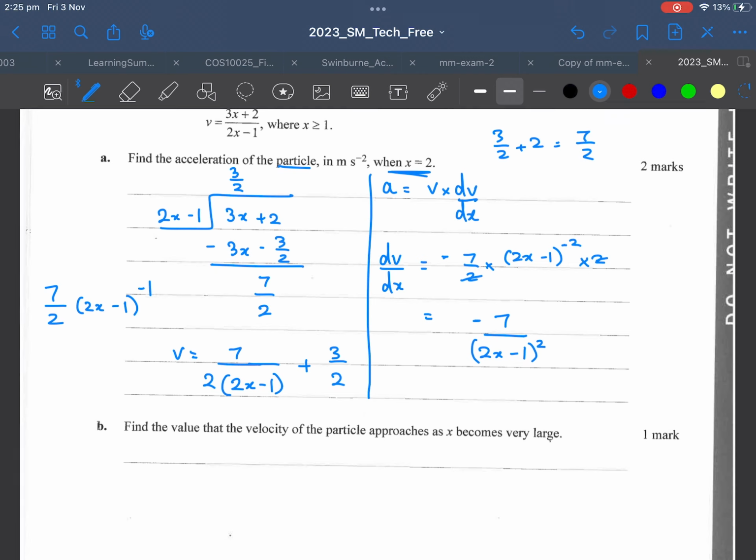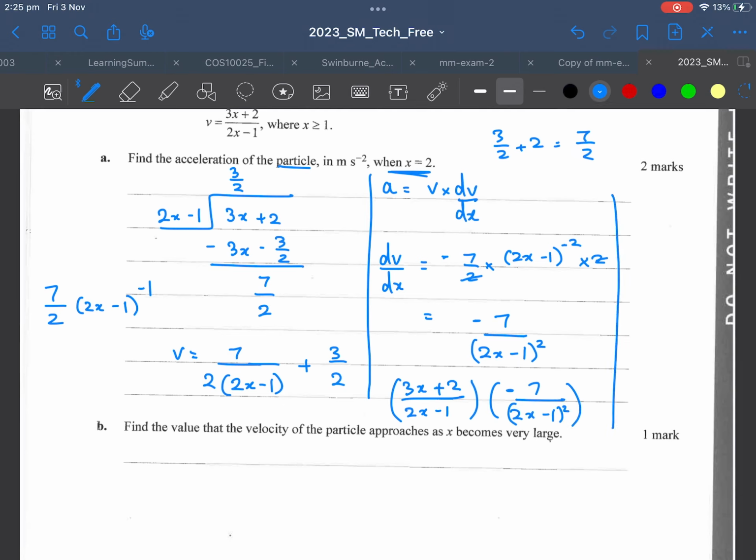Now timesing it by the velocity, which would be, I think there has to be an easier way of doing this, but I'm just going to proceed since I've already chosen this way to do it. So (2x minus 1) times minus 7 on (2x minus 1) whole squared.